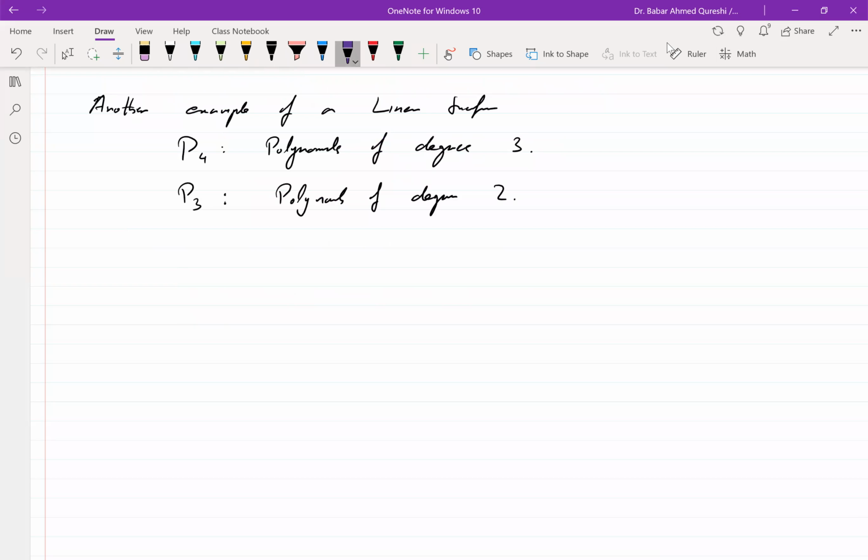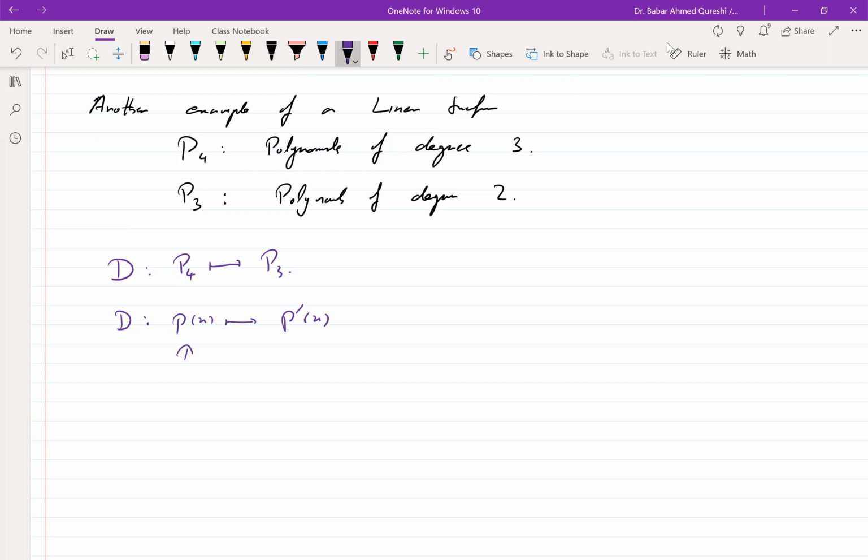I can define a linear transformation from P4 to P3, the derivative. Let's define it so that p(x) goes to the derivative p'(x).